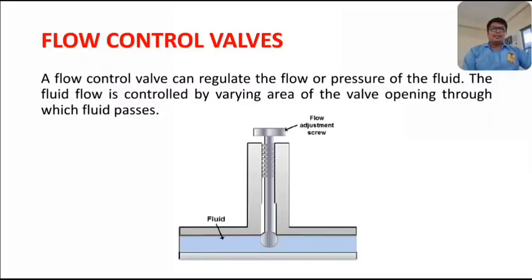The pressure adjustment screw that you can see in the figure will vary the fluid flow area in the pipe to control the discharge of the fluid. The pressure drop across the valve may be fluctuating, and in general hydraulic systems have a pressure compensating pump.